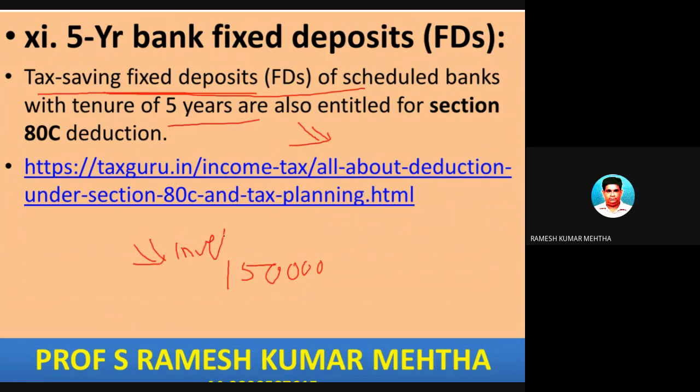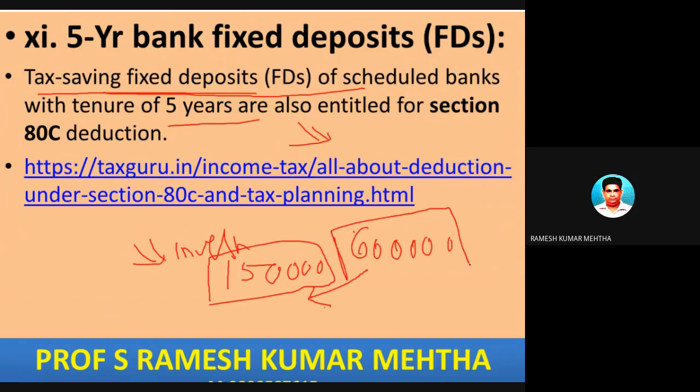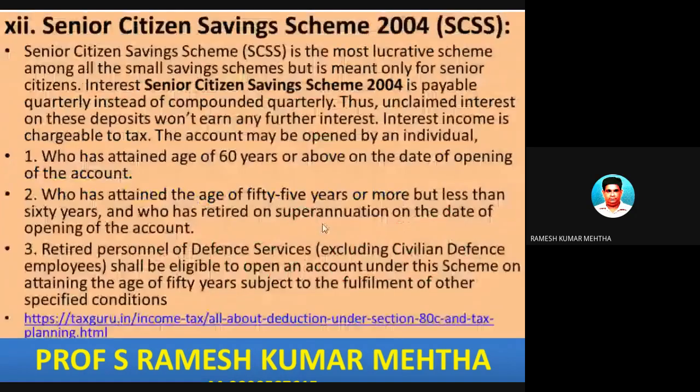So you go to ICICI Bank, you invest in tax saving fixed deposits of 6 lakh rupees, for example, for 5 years. So you can claim reduction from your total salary under section 80C. Despite the fact that you have invested 6 lakh rupees, you are allowed a deduction under section 80C up to the stipulated maximum limit of 1.5 lakh rupees. So this is about senior citizen savings schemes.